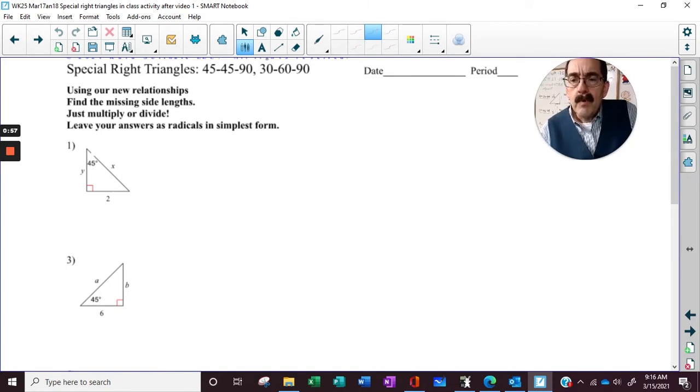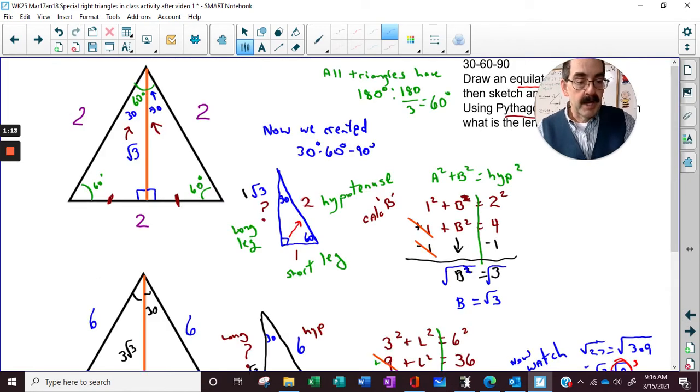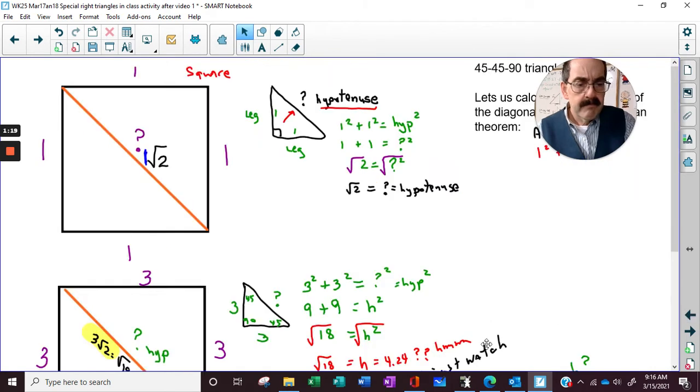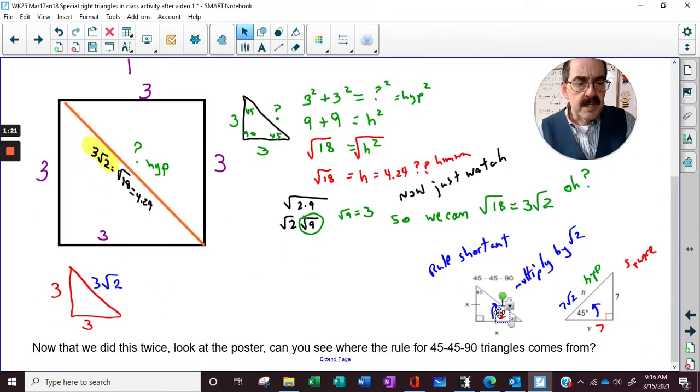Well, 45, 45, 90, it's a square. If it's a square, this has to be a 2. 2, 2. Then multiply to go to the hypotenuse. So let's grab our little cheat sheet here.